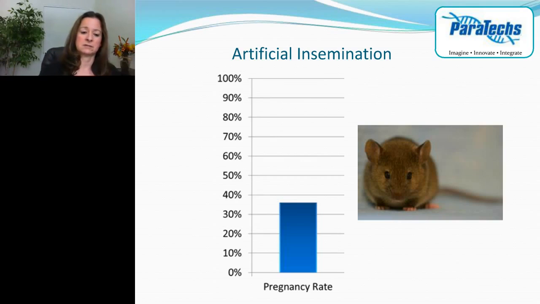In summary, the artificial insemination experiment actually was performed with superovulated females, and the sperm delivery occurred on the day after the second hormone injection. And I'm not going to go over the specifics of this particular experiment right now, but I will be happy to cover that later if anybody's interested.